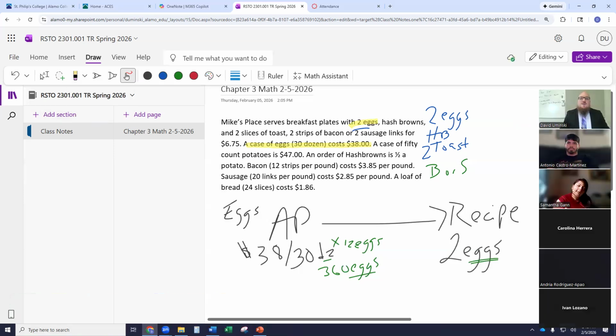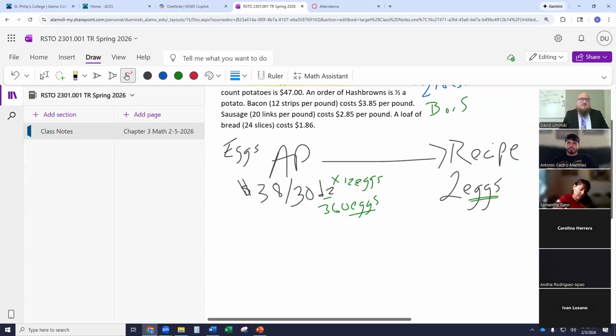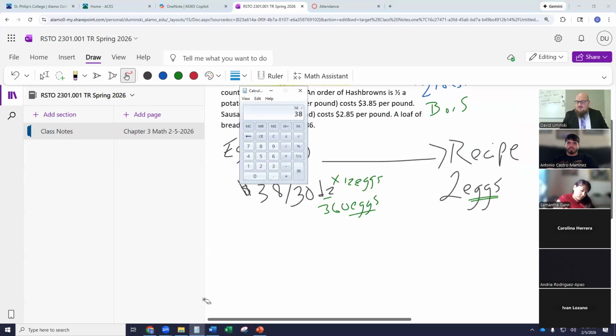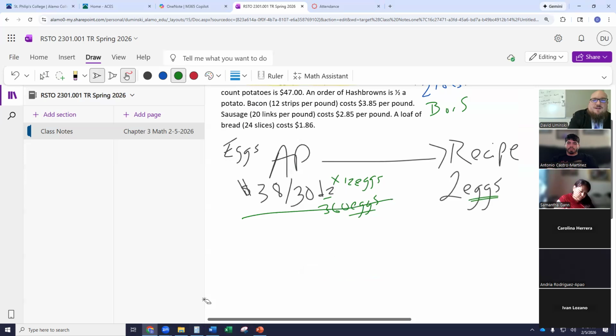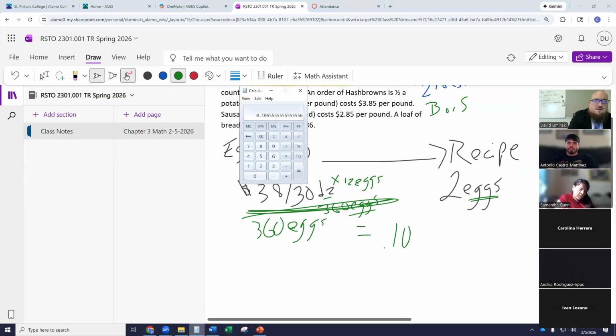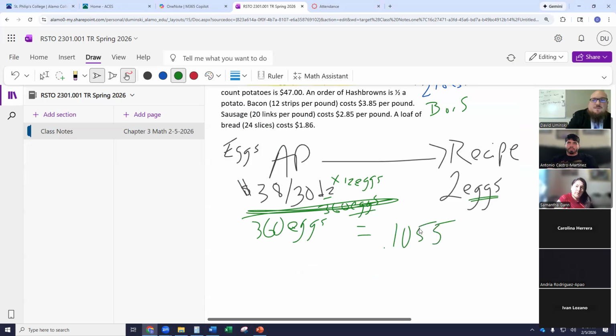Awesome. Okay. So when we take $38 and divide by 360 eggs, I'm going to actually do that right here. This is going to equal 0.105 repeating.